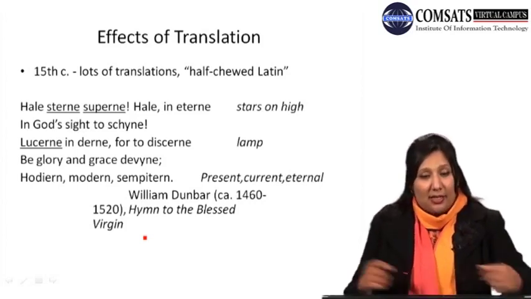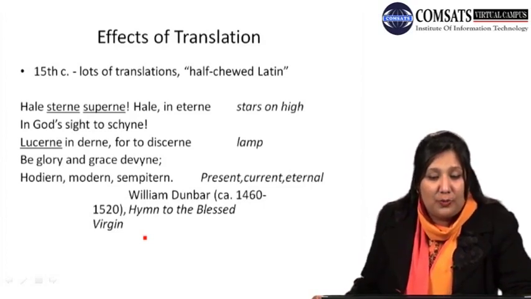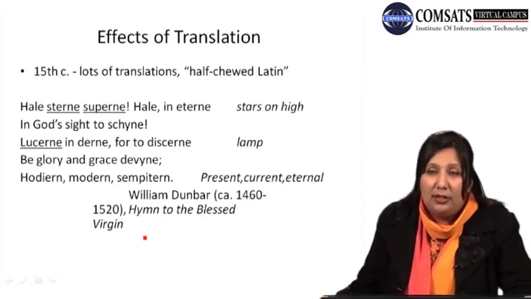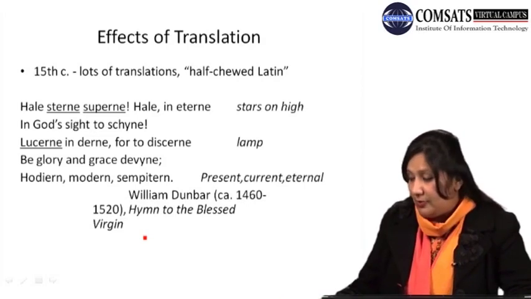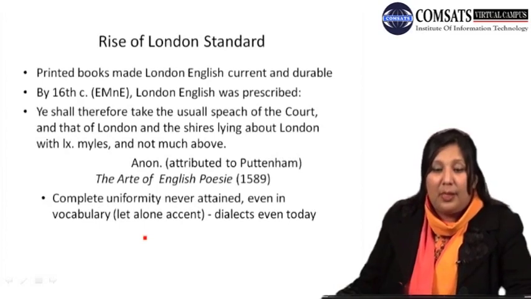For example, words like hail, the stars on high, in God's sight to shine, listen in dawn for to discern, be glory and grace divine, hold, modern, sumptrum, present, current, eternal. These are some of the words that were translated into English from Latin and Greek.